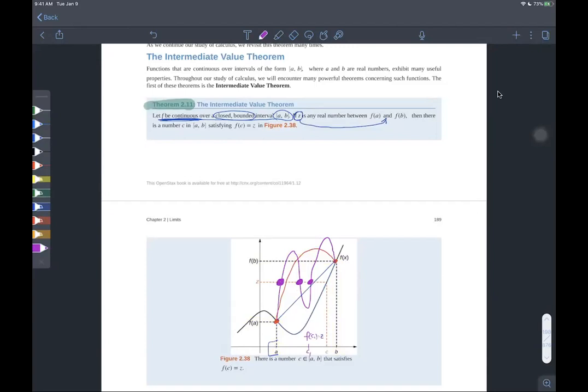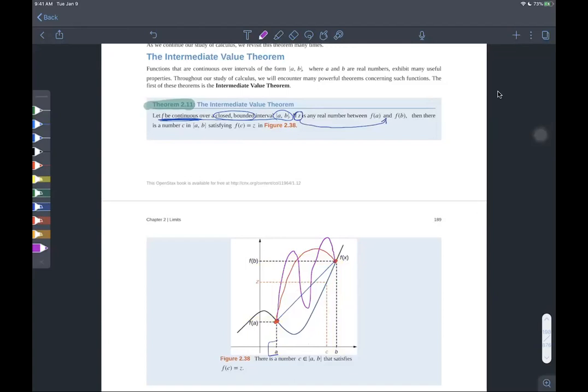If I call this C2, you can see f of C2 is also z, and if we call this C3, it occurs multiple times in this case. The intermediate value theorem only says it needs to occur once, but it will definitely occur at least once.